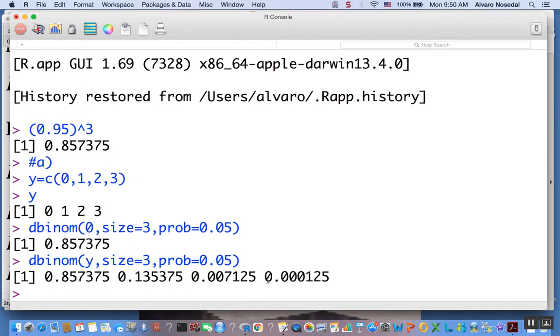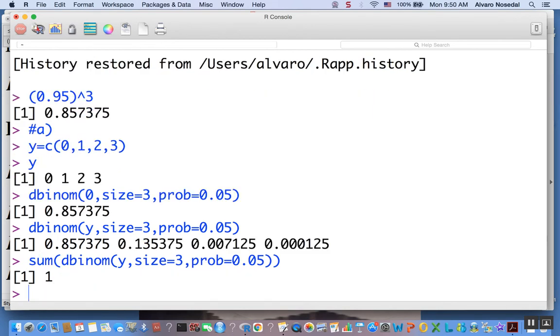Now remember that one of the properties of a distribution of a discrete random variable is that each of these probabilities must be between 0 and 1. That condition is satisfied, and if you add them all up, the sum must be equal to 1. And that's the case.